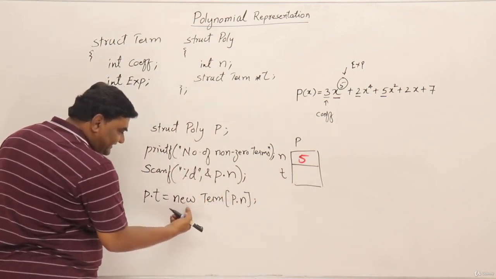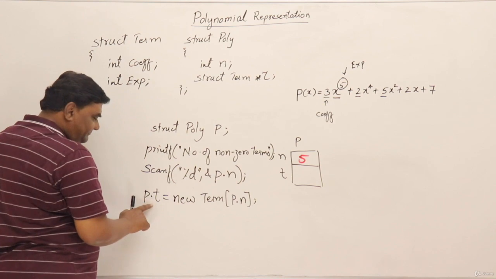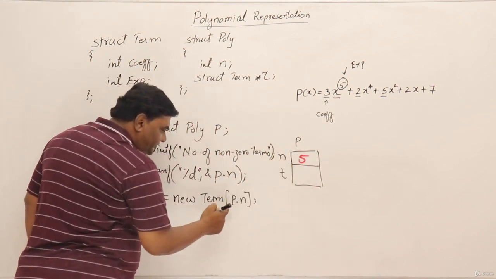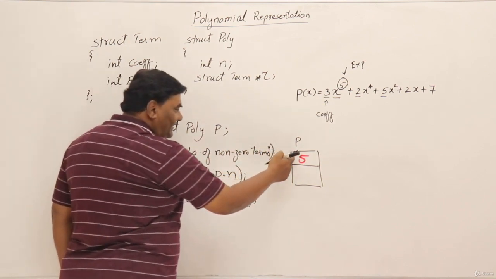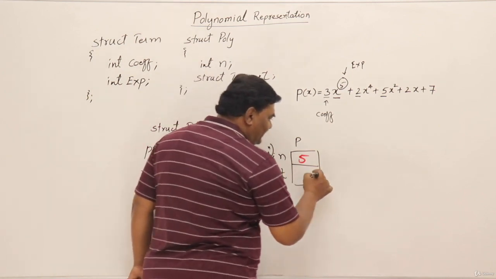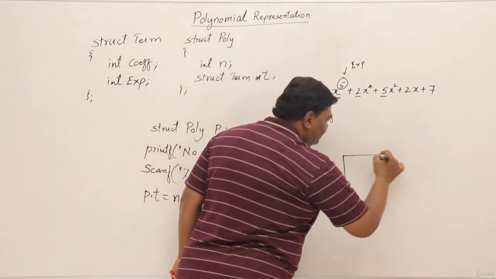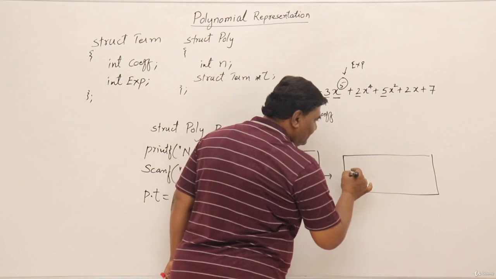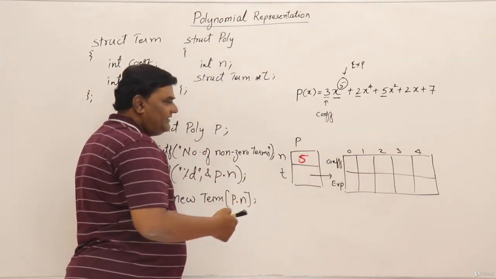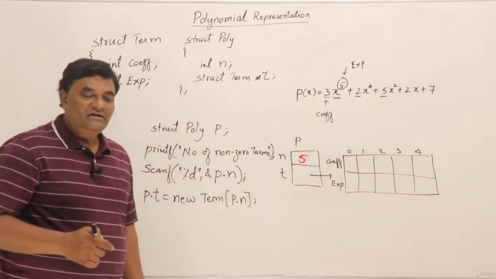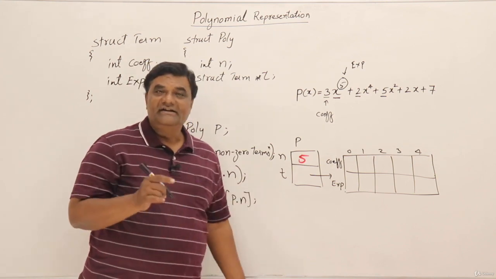It is created in heap and its address is taken in p.t. And what should be the size of that array? p.n. So here an array of size 5 will be created, with coefficients and exponents. This is how it will look inside main memory.